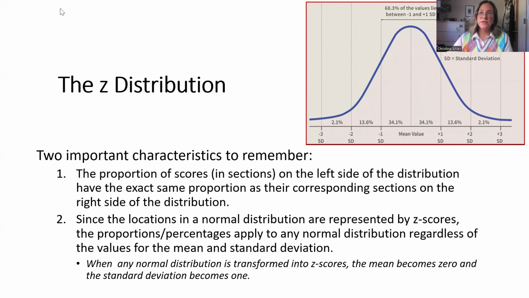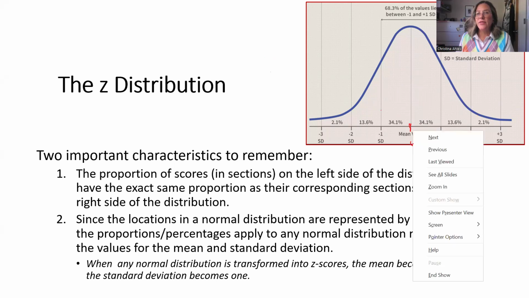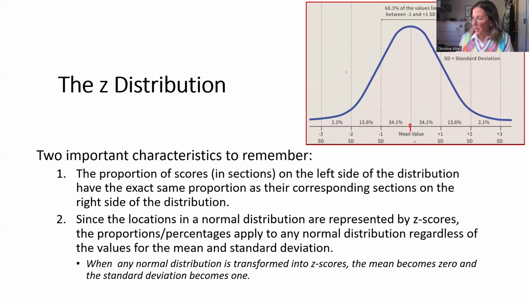As you can see in this distribution in the top right, the mean value is right down the middle, which would have a z-score of 0, meaning there are 0 standard deviations from the mean because it is the mean.